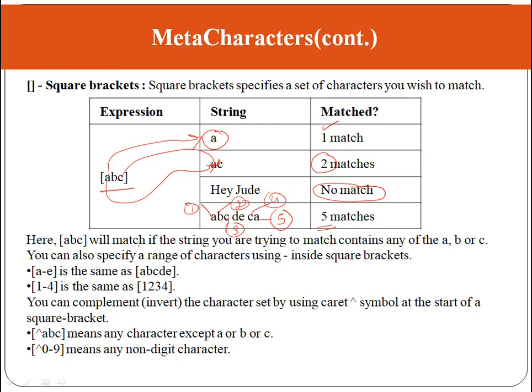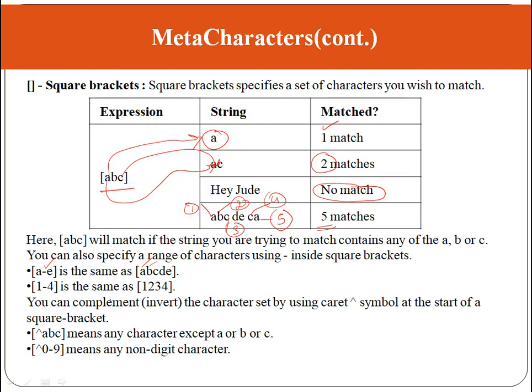You can also specify a range of characters using a hyphen inside the square brackets. Like here you can see a hyphen e, which is the same as mentioning a, b, c, d, e. 1 hyphen 4 is the same as 1, 2, 3, 4.